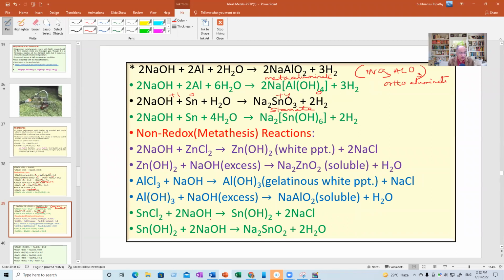And tin similarly first produces stannous hydroxide. This is plus 2, plus 2. And then it forms stannite, which is soluble. And all these are soluble. This is a white precipitate, stannous hydroxide, but with excess NaOH, it is soluble.